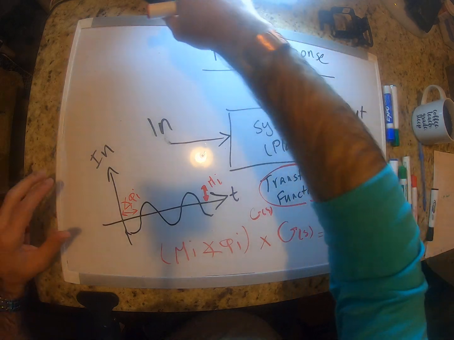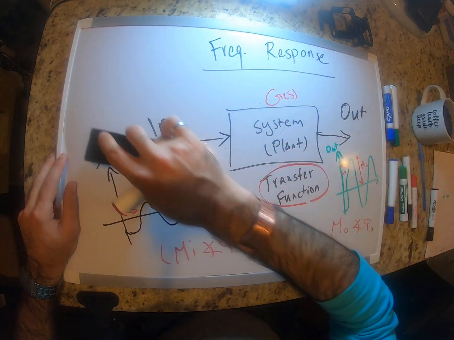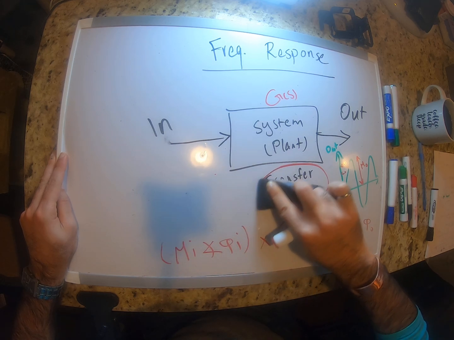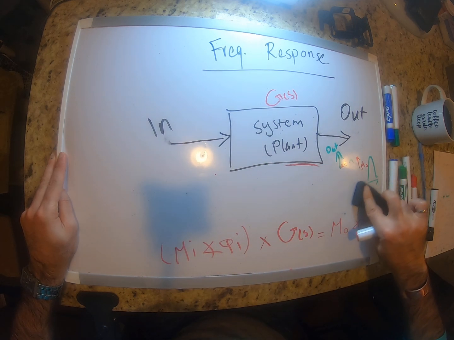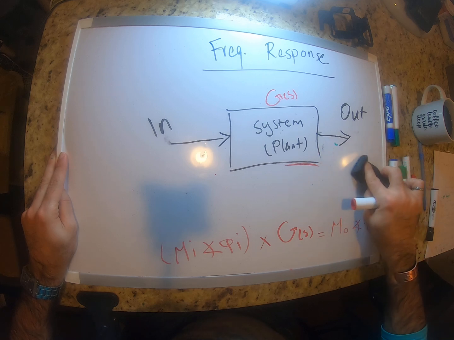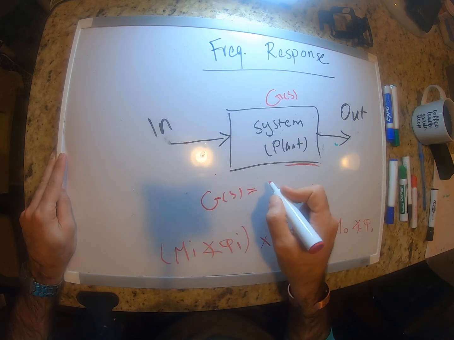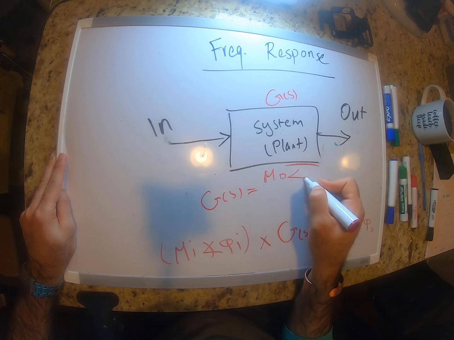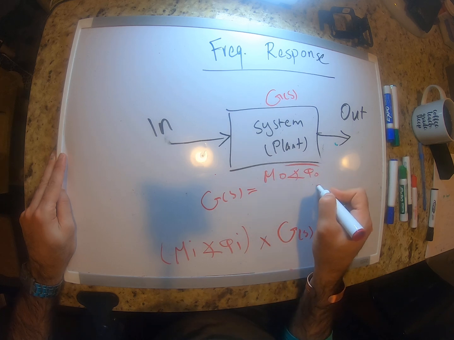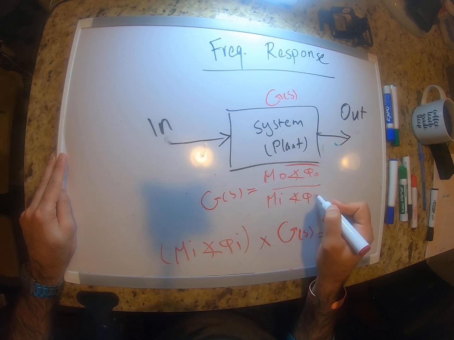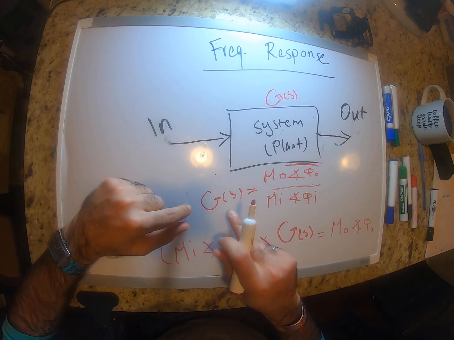So based on this, you can see that the transfer function is basically output divided by input, right?